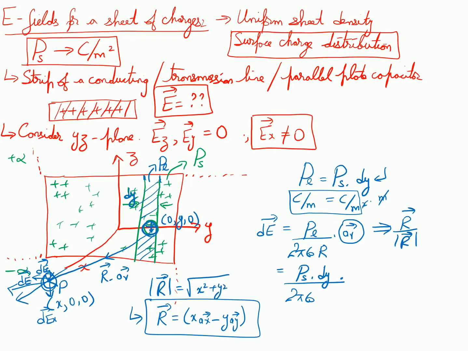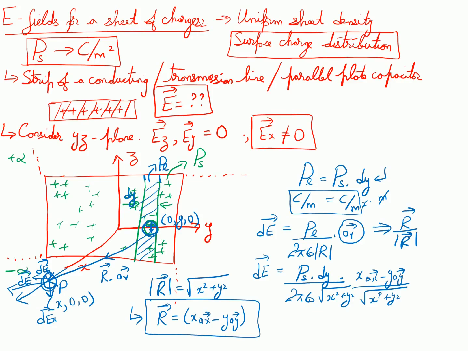So my equation for the differential electric field now comes out to be rho_s dy over 2 pi epsilon. This is my absolute r, which comes out to be the square root of x square plus y square, with the unit vector being x a_x minus y a_y divided by the square root of x square plus y square.